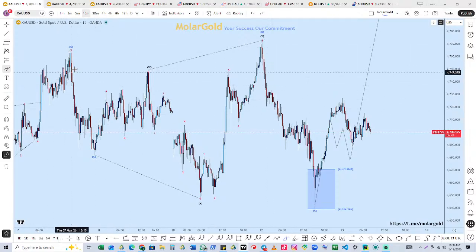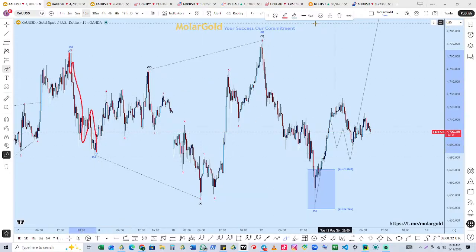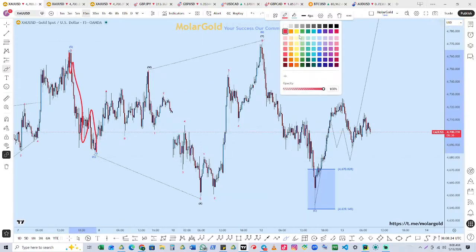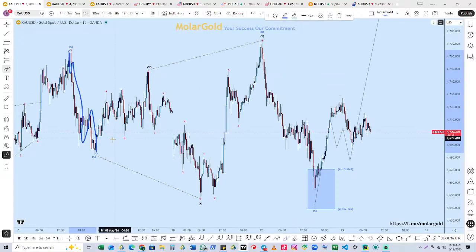This very one started with a zigzag, with 1, 2, 3, 4, and then 5. Let me change the color for the connections because it's a connector. Then A, B, and then C. This is giving us a 5, 3, 5.